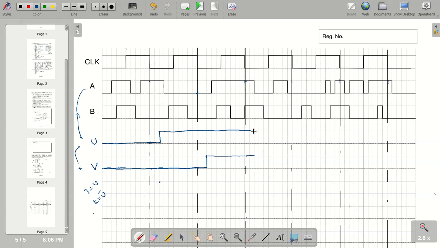That means it's at the toggle state, goes down, stays the same until the next triggering event. This one, it looks at over here, J is going to be high, and K is going to be low, so it's going to stay high.